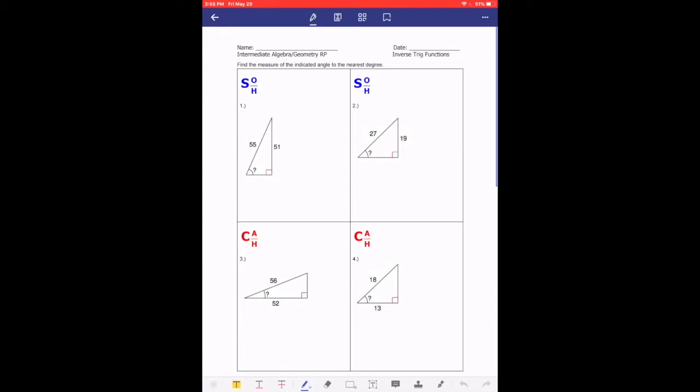So for question 1, we're told that we need to use the sine function, and we are given a triangle where we don't know the angle and we know the sides are 55 and 51. So I don't know what the angle measure is. I'm going to just call that x.